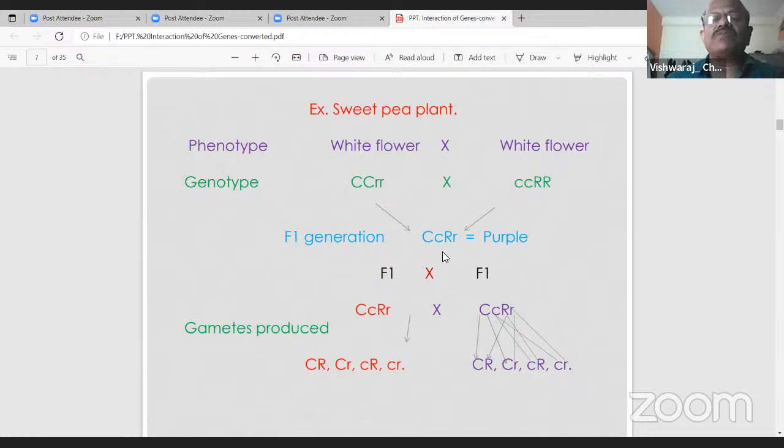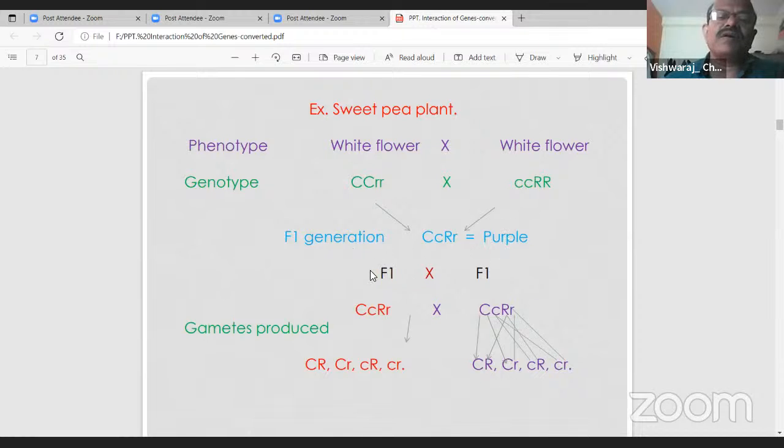This capital C, capital R, small r gives purple colored sweet pea plants, and this purple colored is the F1 generation.